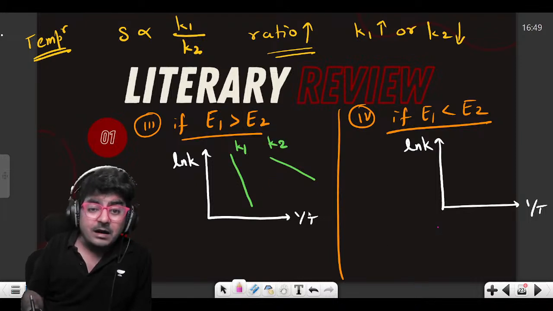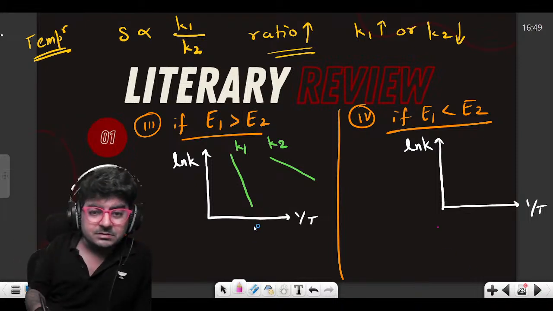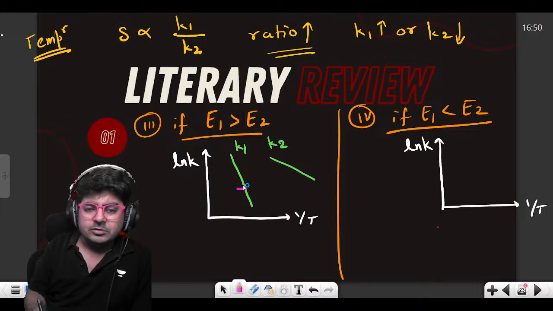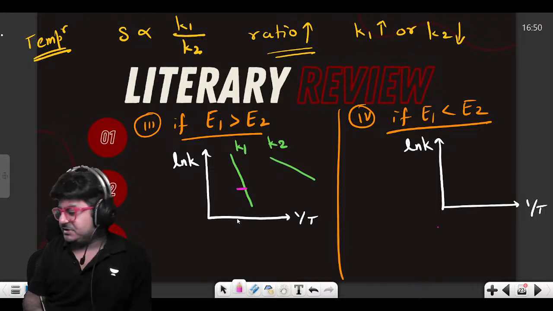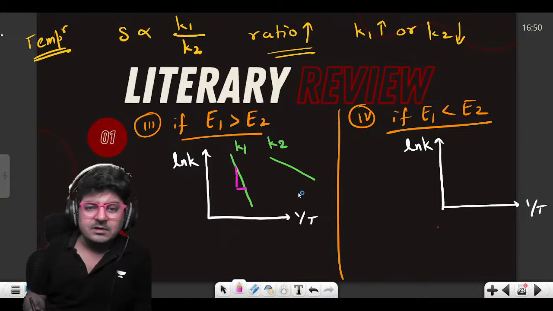है ना? अब यहाँ पे अगर आप ध्यान से देखो, if you change the temperature by doing this much of change in the temperature, K1 value will change by this much, such a large extent.